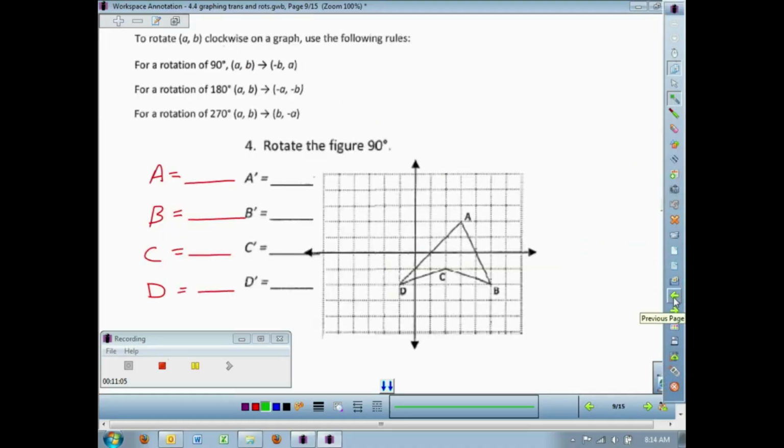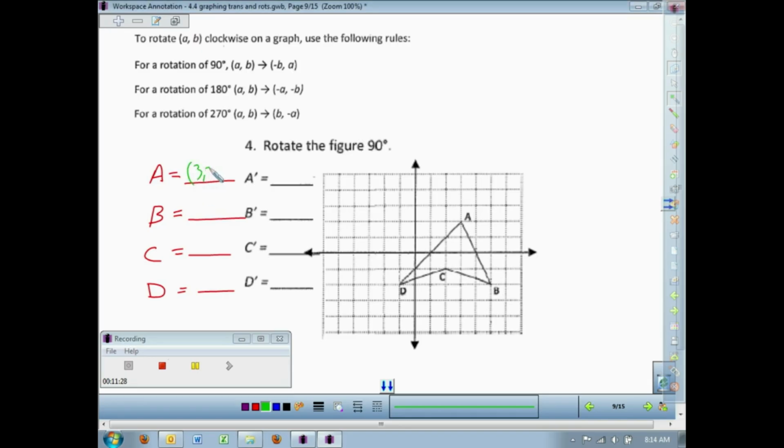Let's actually do some on a graph. It says rotate this figure 90 degrees. Here I've got my rules written down again. You have them on your paper, but I've got my rules right there. So first thing you've got to figure out is where the original points, A, B, C, D, the pre-images, are. So where's A at? A is at 1, 2, 3, and 1, 2, the point 3, 2.